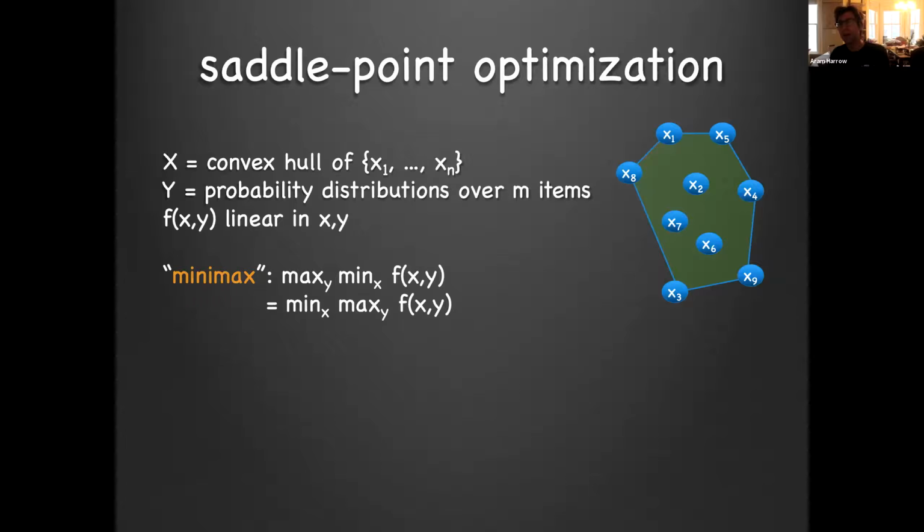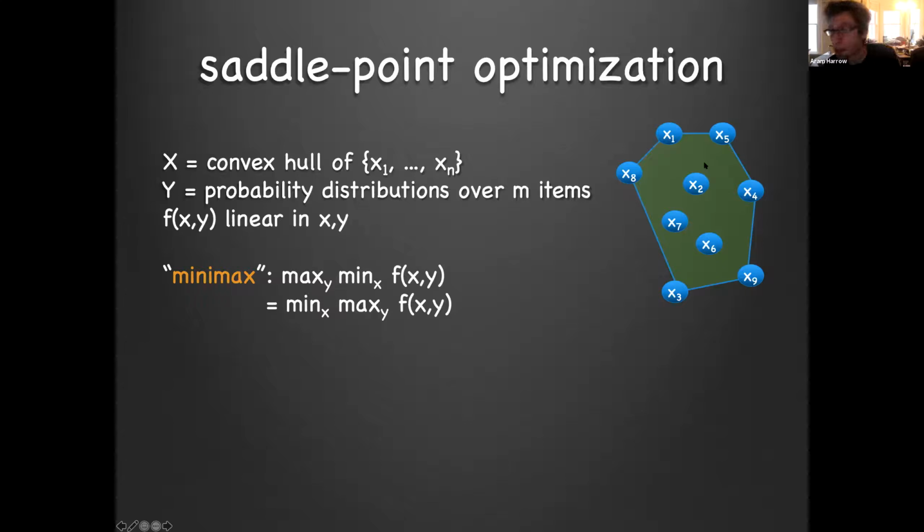Okay, so let me talk about a problem where I can describe how everything works in more detail, but I have to specialize a little bit. So I'm going to specialize to a problem called saddle point optimization. And I'm going to change my setup a little bit. So instead of X being my data set, I want X to be the convex hull of all of my data points. So here are my data points.